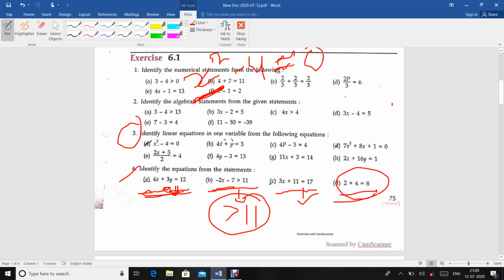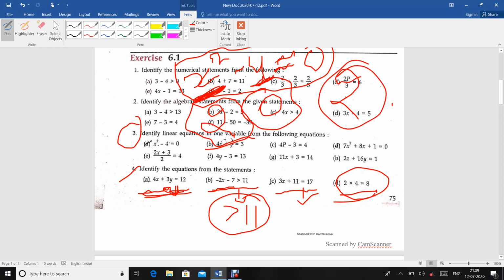The degree of the term x square is 2 because the power is 2, and the degree of the term 4 is 0. Here 2 is the highest degree, so the degree of this algebraic expression is 2. If the degree is 2, then it is not a linear equation in one variable.